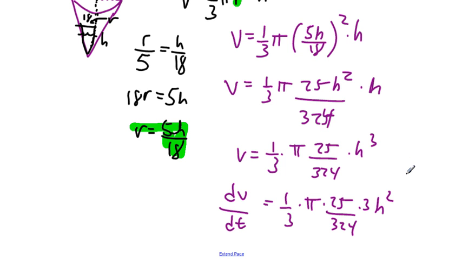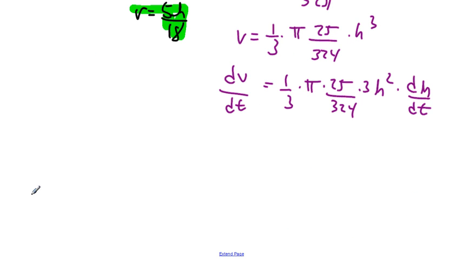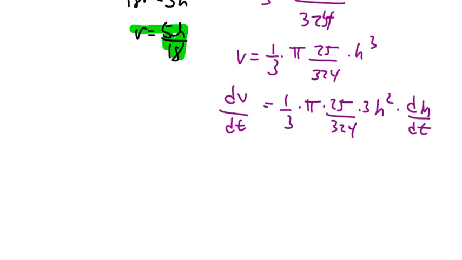And then I have to multiply that by dh dt, once again, because when I took this derivative, I took it with respect to time. All right, this is pretty crazy right here.